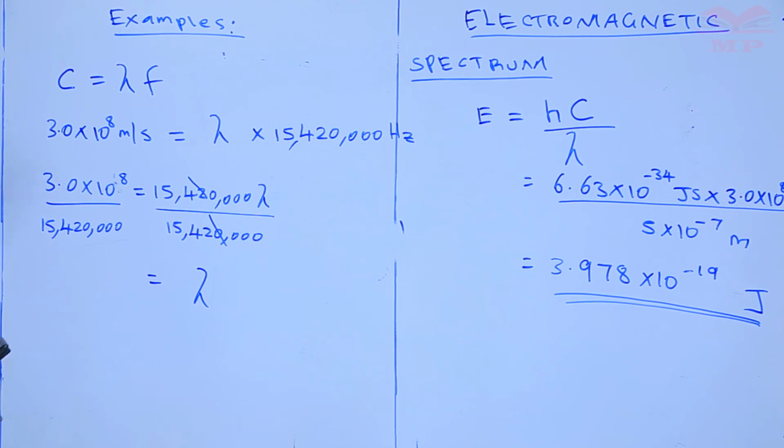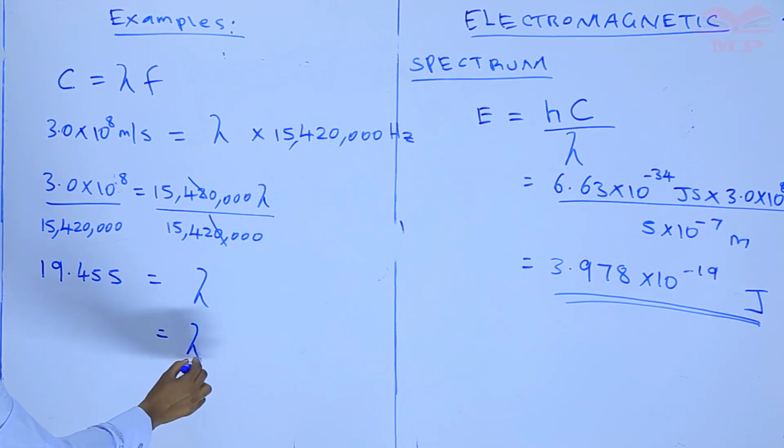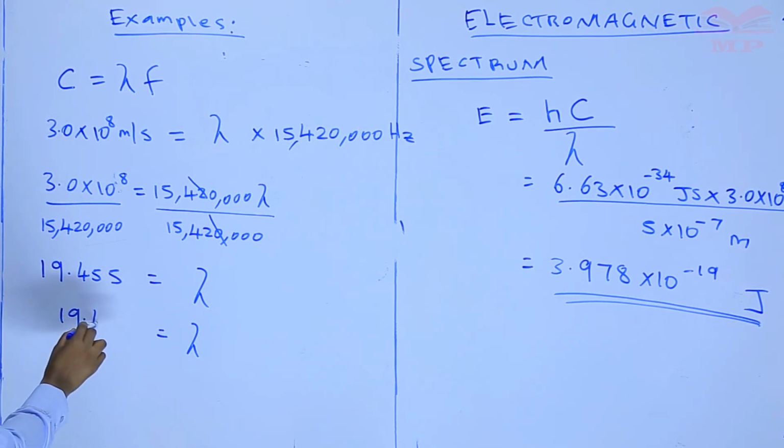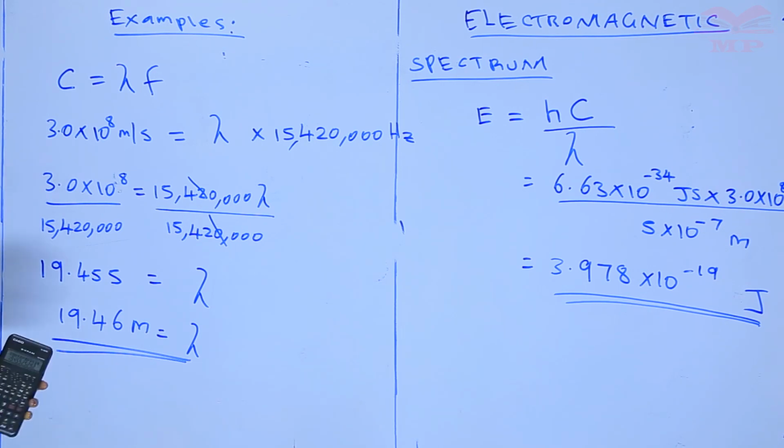You first get to 3 decimal places, we have 19.455. We can round off now to get to 2 decimal places, and we get that our lambda is 19.46 meters. Those are the units for wavelength. So that is now the wavelength of the transmission for those radio waves.